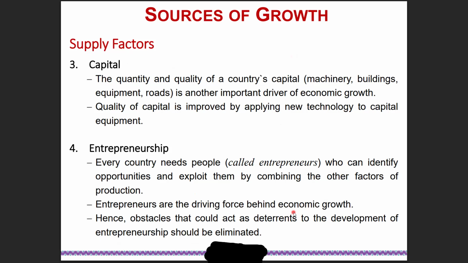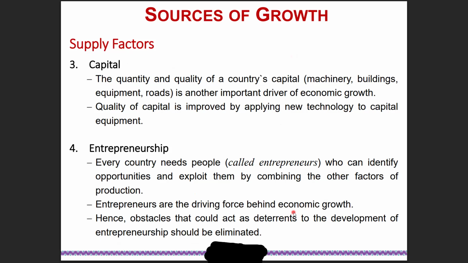So entrepreneurs are those people that see an opportunity to say, okay, people are demanding this particular item, let us produce it, right? And then they produce it, and it can meet the demand which is out there. So entrepreneurs come up with the ideas, identify opportunities and then exploit them by combining the factors of production.